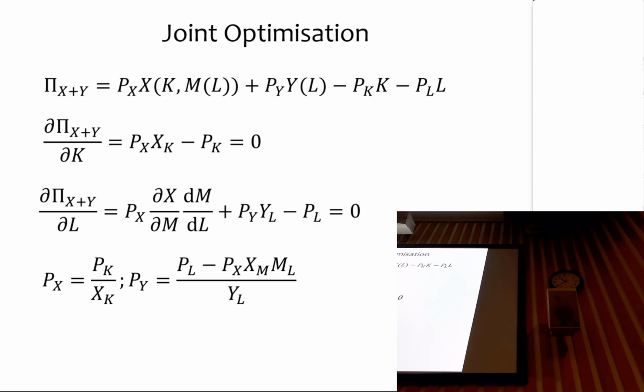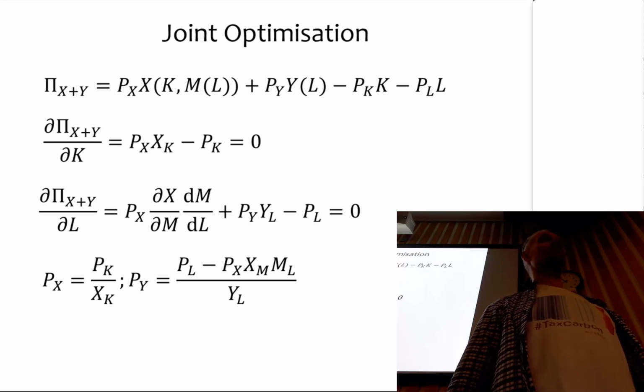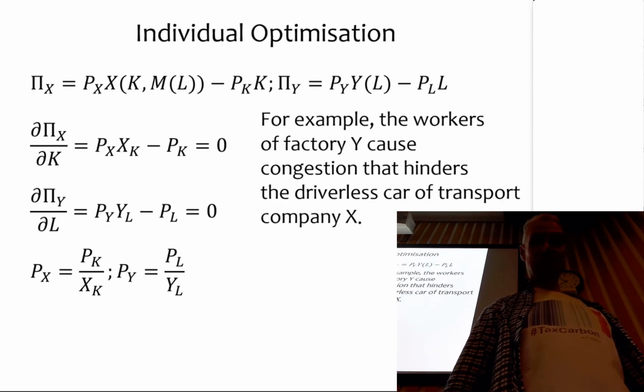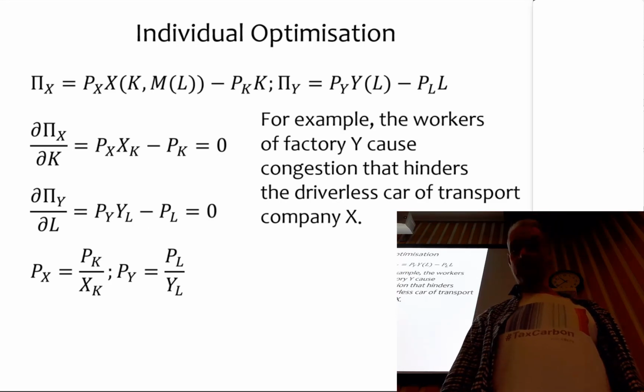But the price at which we sell good Y is no longer the price of labor over the marginal production of labor, but it's the price of labor minus the external effect over the marginal productivity of labor. Right? This is the social optimum, and this is now different from the private optimum, or the private equilibrium, I should say, not an optimum.